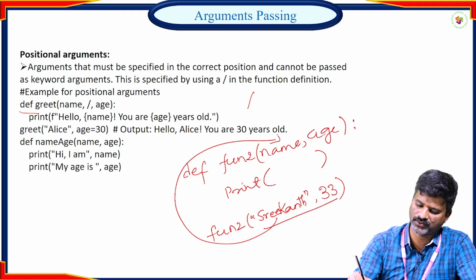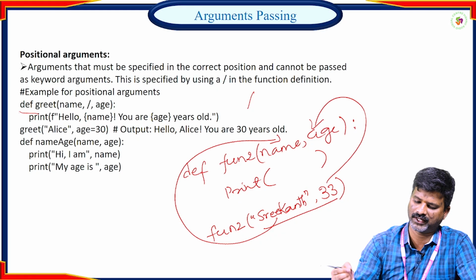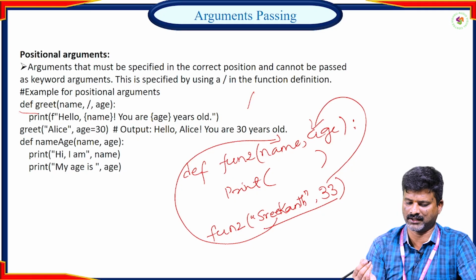Sreekanth will be stored in the name variable and 33 in the age variable. This is called a positional argument.